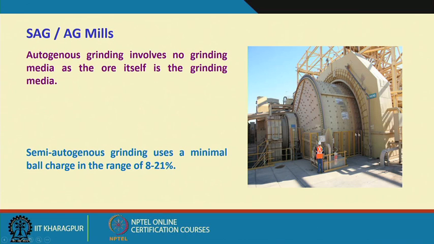This is what it actually looks like. You see the diameter of this, compared to a gentleman of average height of around 6 feet 2 inches, and you see how big the mills are.